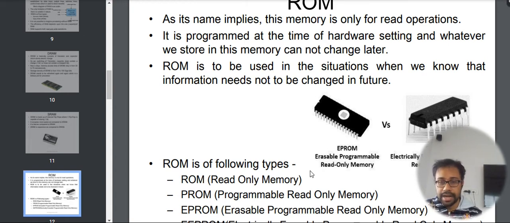You cannot add anything. ROM is to be used in situations when we know that information need not be changed in the future. For example, the firmware, the booting software, is present inside the ROM, because it cannot be changed in the lifetime of the computer. So there are certain areas where ROM chips are used which are stagnant and cannot be changed.